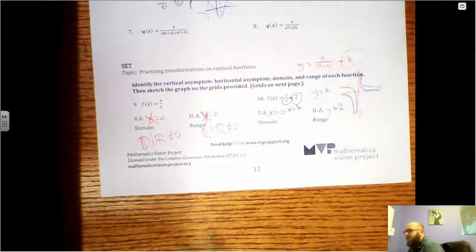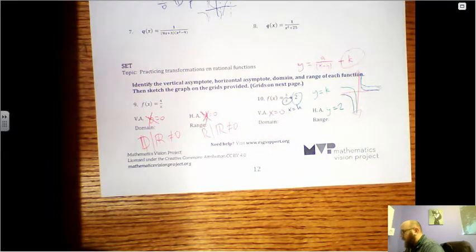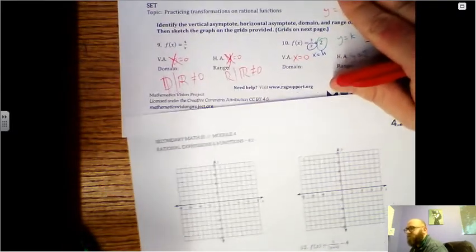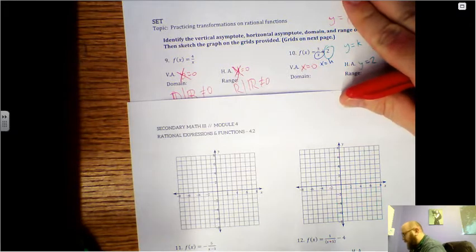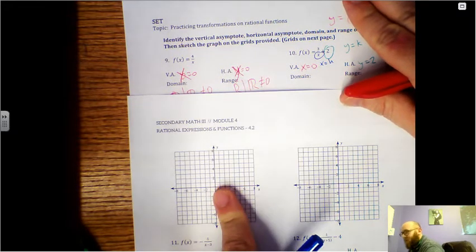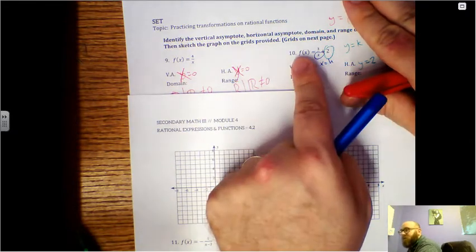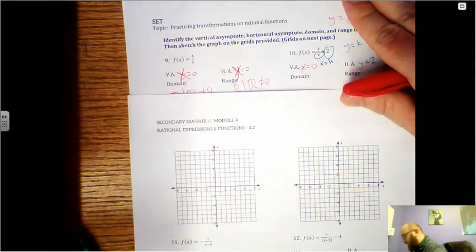So when we're looking at the other problems in this, that's exactly what happens. It does ask us to graph on the other page. So this is actually kind of confusing because this graph on the next page corresponds to number 9, and this graph on the next page corresponds to number 10. So just be mindful of that.